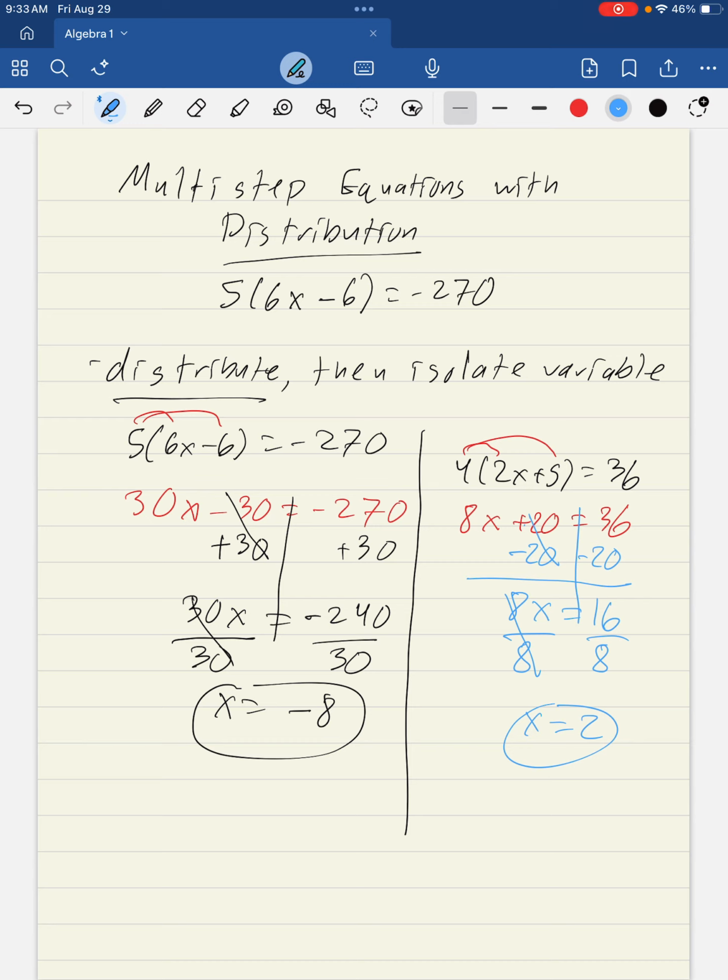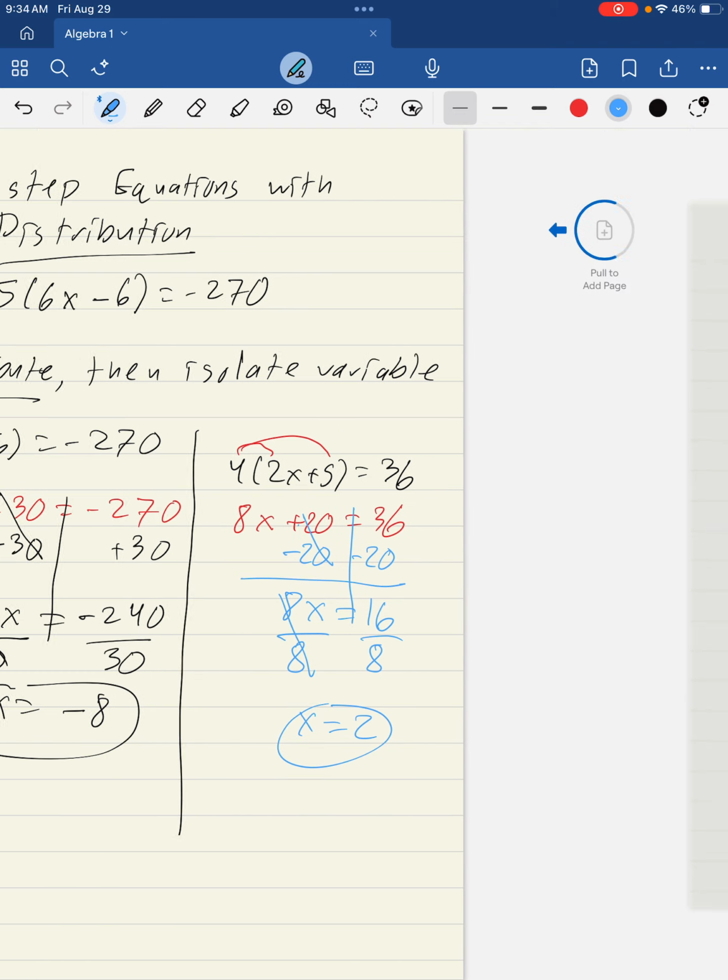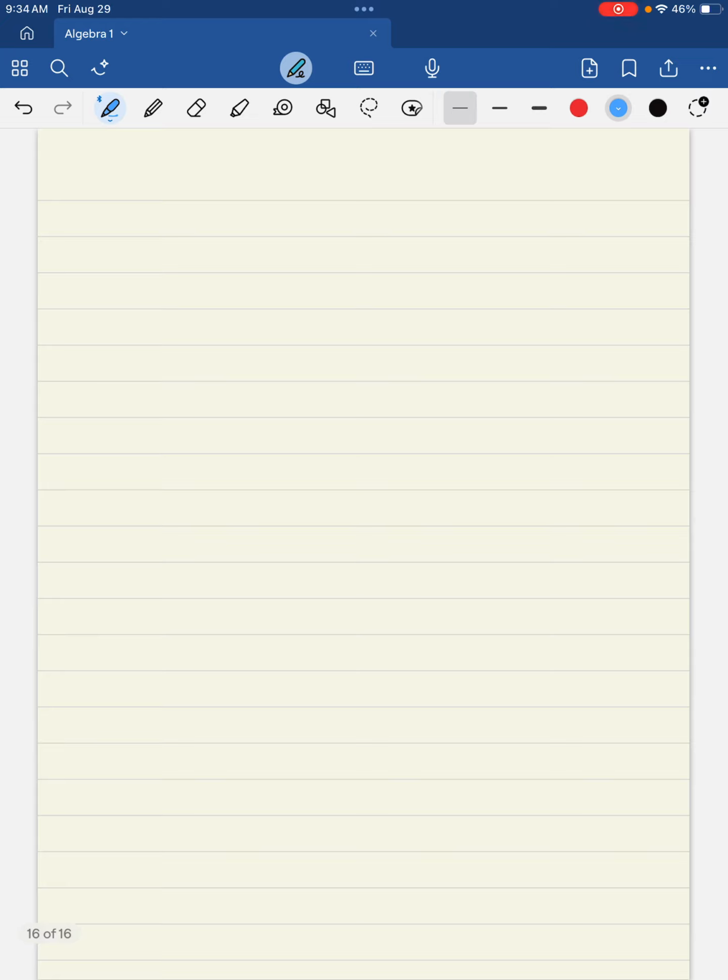It can yield some large numbers like in the first problem. I want to show you guys one other method. So the other method that you can use, and this sometimes works really well, and sometimes you can't really use it, is when we start by dividing to help isolate the variable.